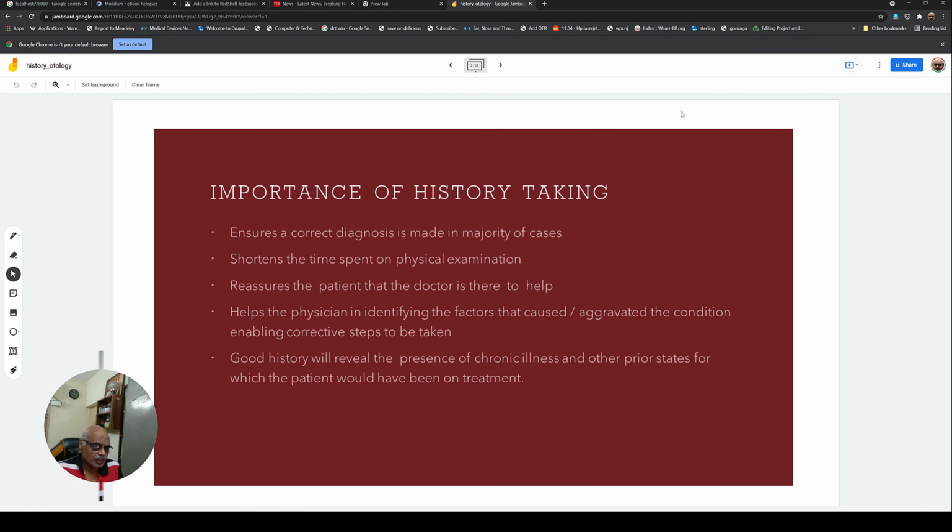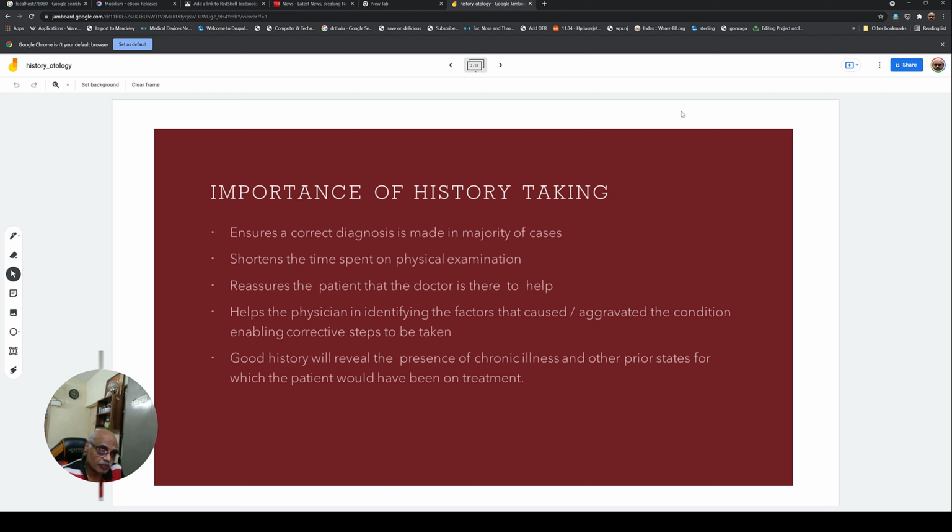So I have been stressing the importance of history taking, but history taking really ensures a correct diagnosis is made even before the clinical examination is embarked on in a majority of cases. And it also shortens the time spent on the physical examination, and it reassures the patient that this doctor is there to help me.